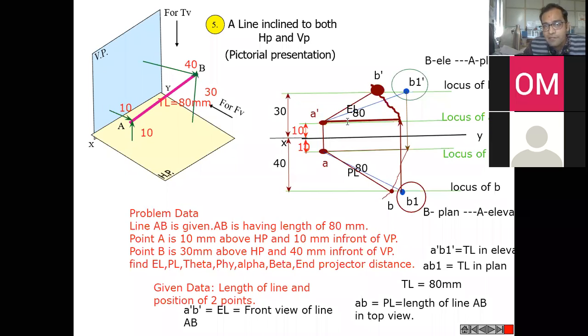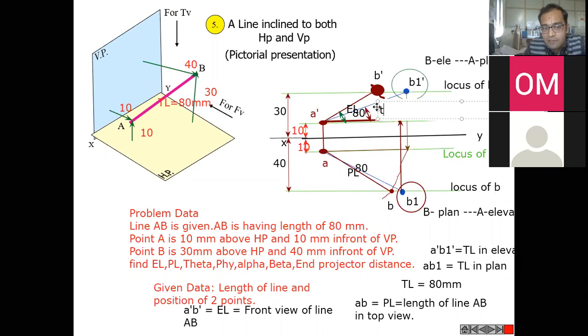If I identify the angle of the true length, that is a dash b1 dash, with the reference, I'm talking about this portion, that angle will give me theta. If I identify the angle of the elevation length with the reference, it is going to give me the detail regarding alpha. So we'll have theta over here.